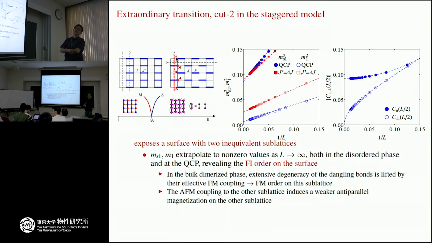I'm not sure. Otherwise, as Harada-san says, the alternative is that the surface undergoes a first-order transition, which seems a bit unlikely. Because if you have order at the critical point, and now you go slightly into the Néel phase, what you said is that that order goes away. That means the order jumps, right?